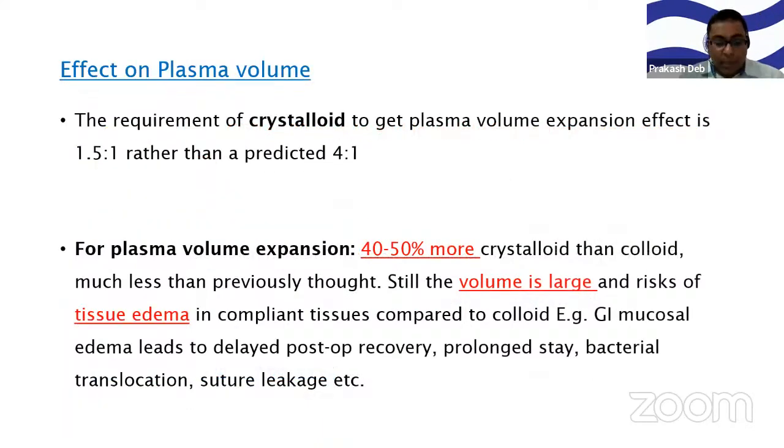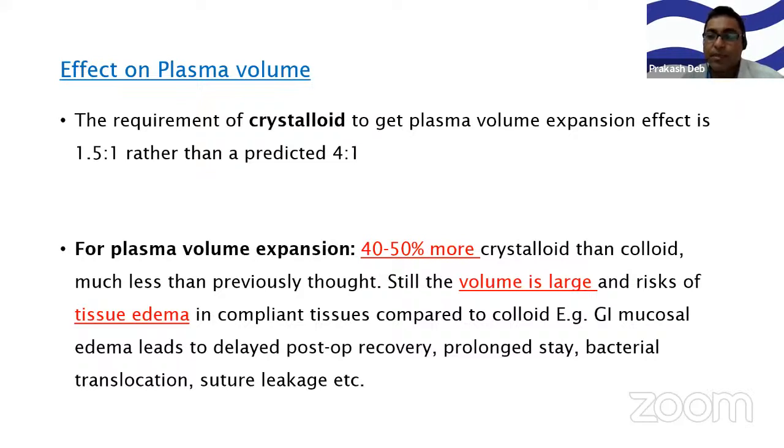If we look at the effect on plasma volume, during operation a large amount of blood loss has happened and we have to expand the plasma volume. It has traditionally been said that around 20% remains in the circulation. So we have come up with the new requirement of crystalloid to expand the plasma volume, which is around 1.5:1. So 40 to 45% more crystalloids are required compared to colloid when we have to expand the volume.